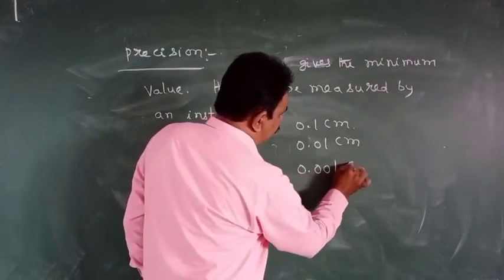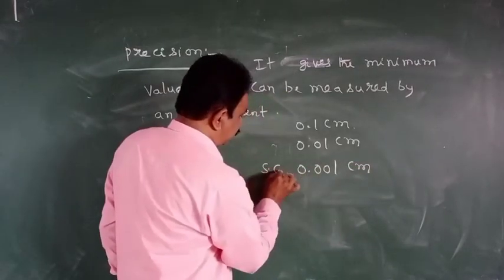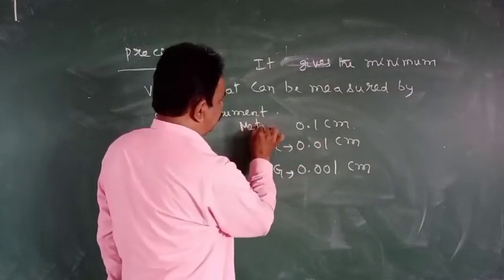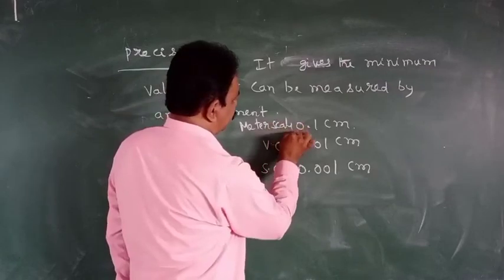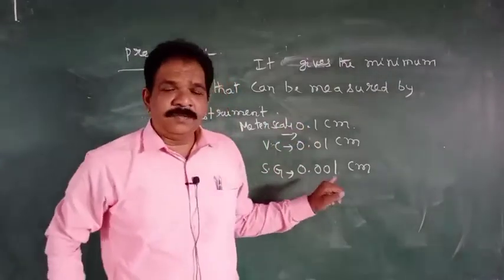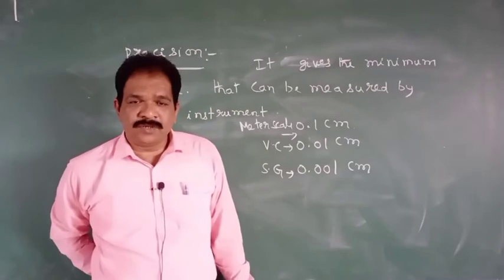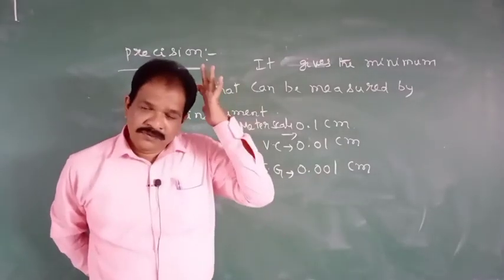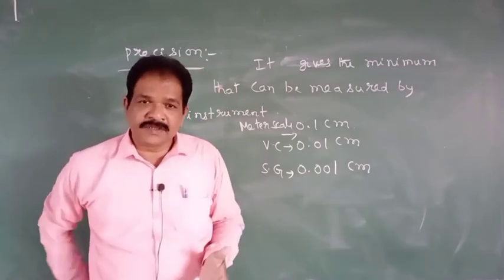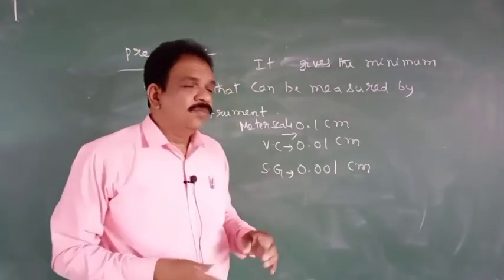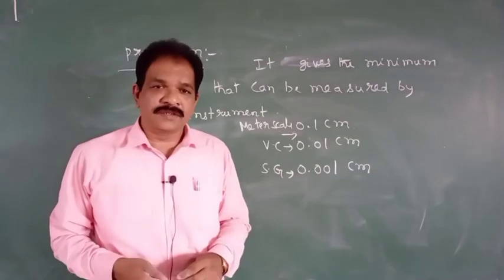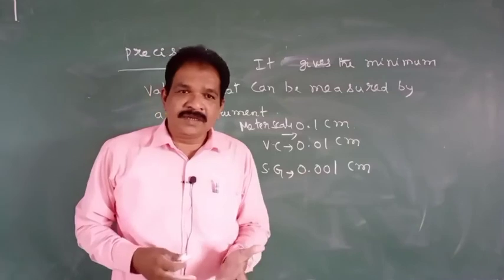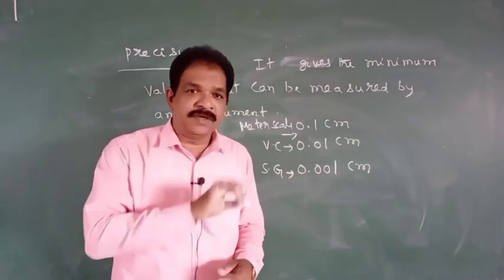If you take the screw gauge, its least count will be 0.001 centimeter, or 10 power minus 5 meters. So precision means the most accurate device. The most accurate device is called the precise device.